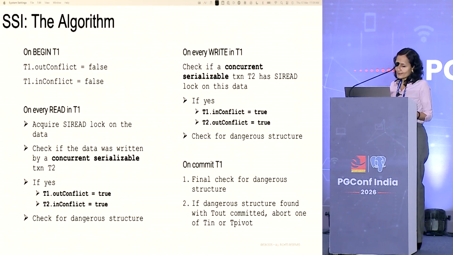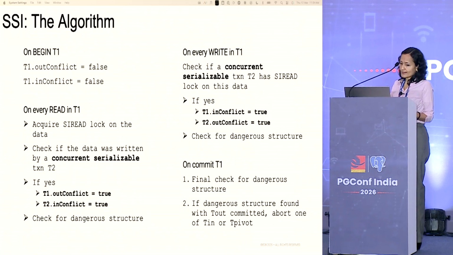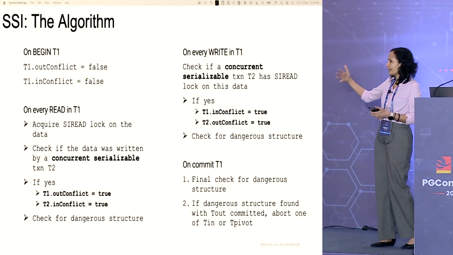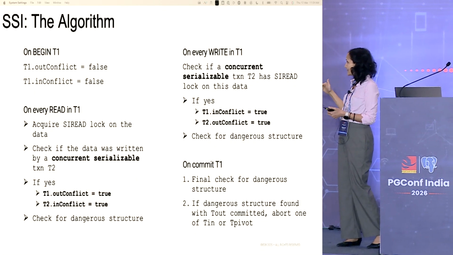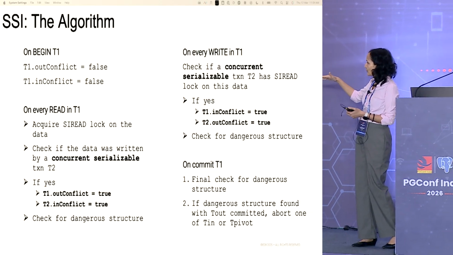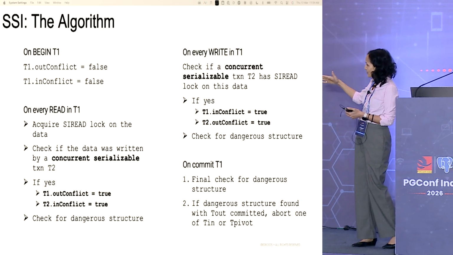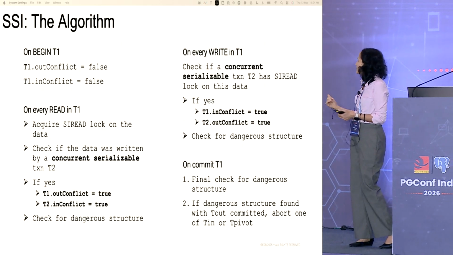We'll talk more about what an SI read lock on the data is. We check if the data was written by a concurrent serializable transaction. So while reading, if we find that the data has already become stale because a concurrent transaction has a more updated record, we mark T1's out conflict as true and T2's, the other transaction's, in conflict as true.